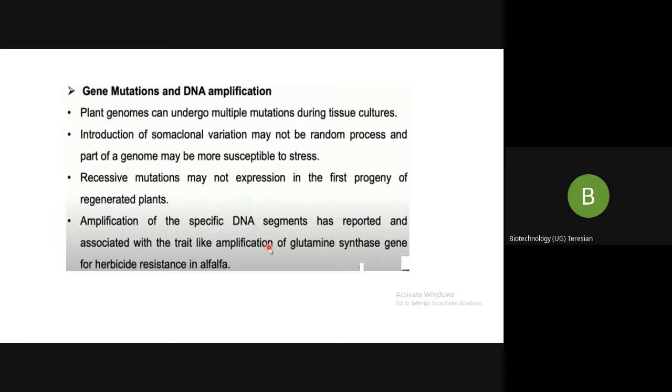So this can lead to somaclonal variation in vitro. Though there is only a small mutation, that single mutation is also important to bring about a large change. So hence the chances to interfere with the traits regulated from the susceptible part of the genome would be higher.